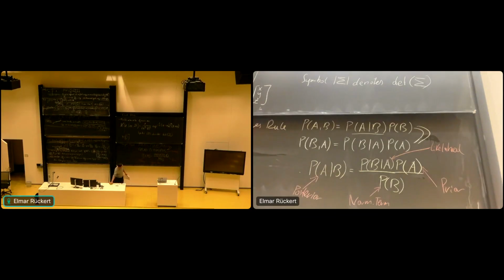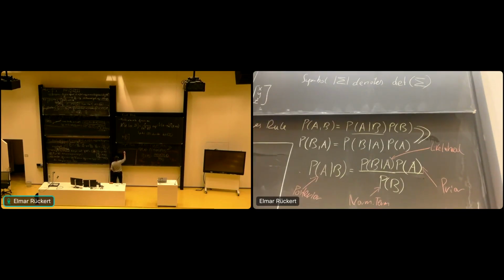The normalization term P of B can be computed using the likelihood times the prior if we compute the marginal of it. So often you find a different definition of the Bayes rule. Let me do that quickly.